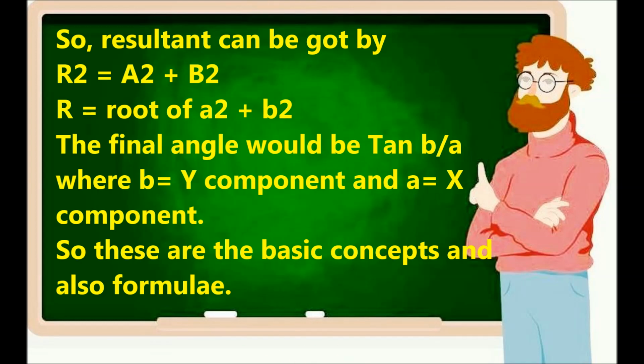So the resultant can be got by r square is equal to a square plus b square, where the total value of the vector along the x-axis is, let's say, a, and the one along the y-axis is b. So what have we done here?